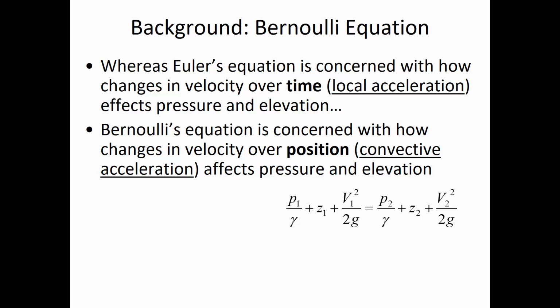And so let's look at each one of these 3 terms. P1 divided by gamma: if we consider the units of that, remember P1 is units of newtons per meter squared, and gamma is newtons per meter cubed.